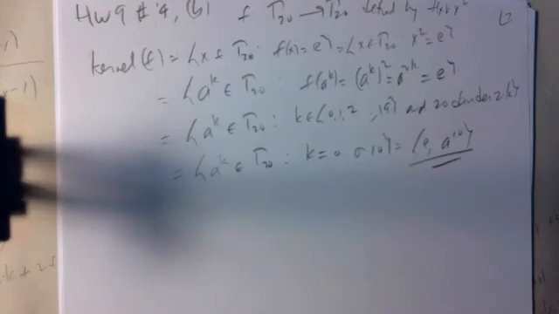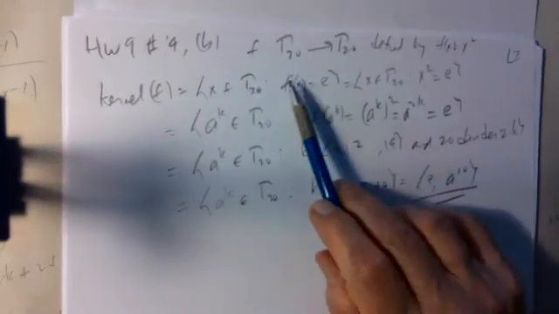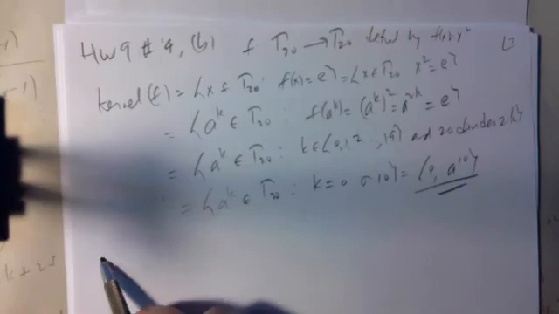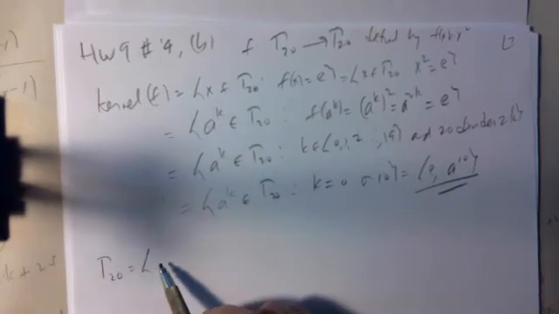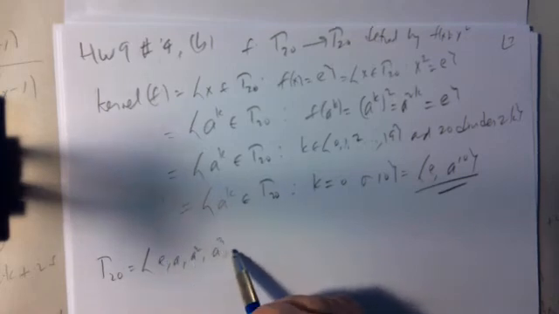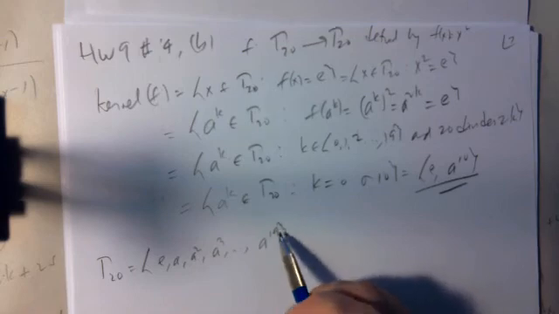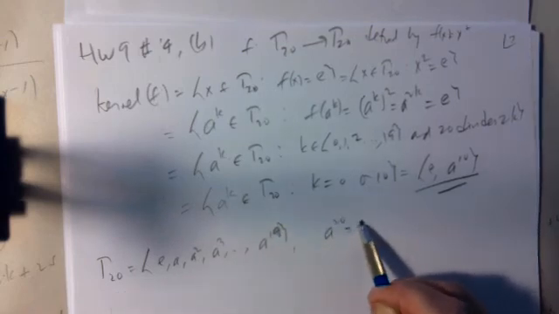Professor, could you repeat this part again? Yeah. So gamma 20, the cyclic group, this is a, a squared, a cubed, up to a to the 19th. That's what this group looks like, where a to the 20th is the identity.